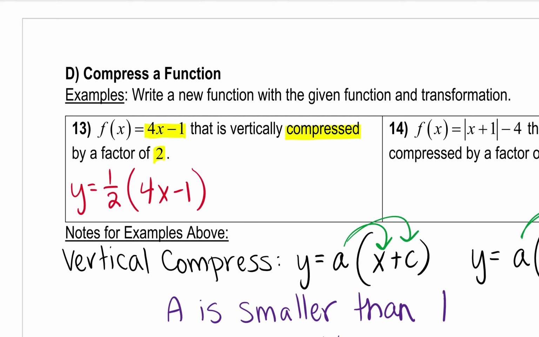So if I compress, I flip that number into a fraction, and now I can distribute. So I have y equals half of 4 is 2x, and then half of 1 is just half, right? So that would be my answer.